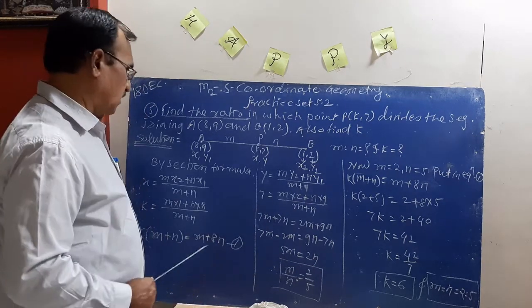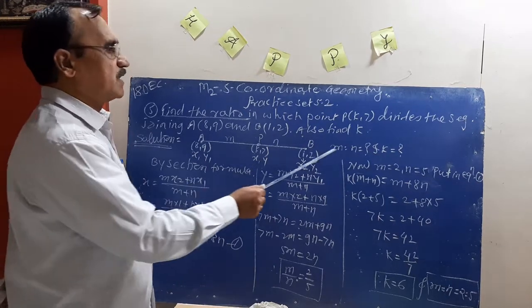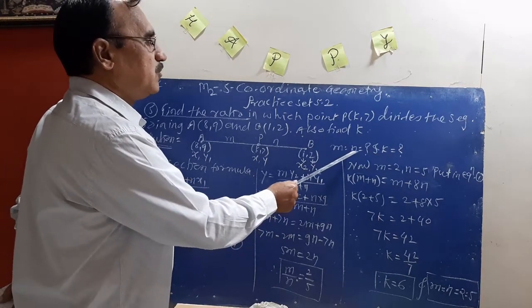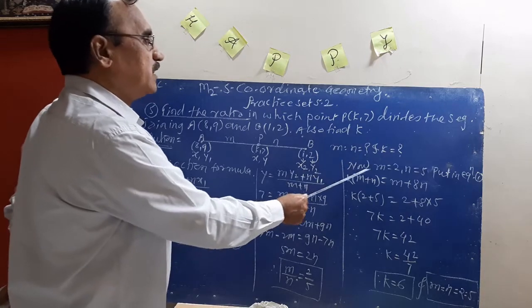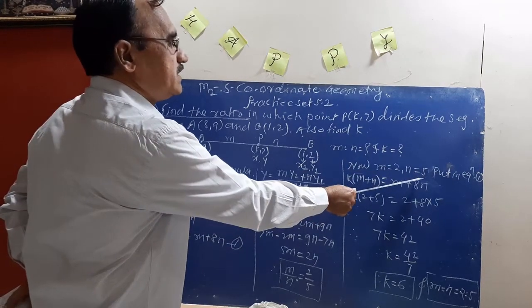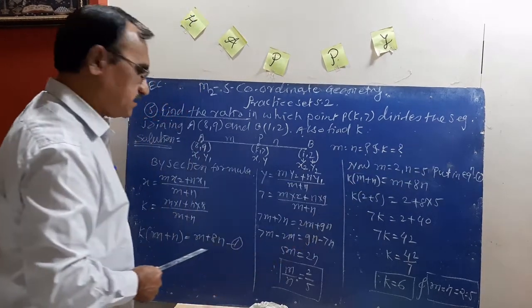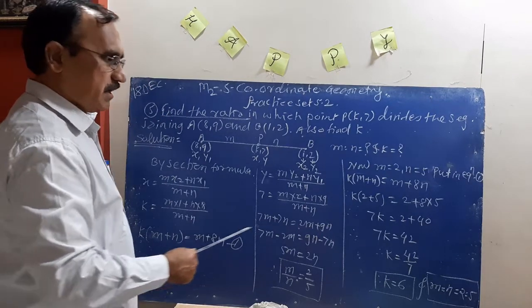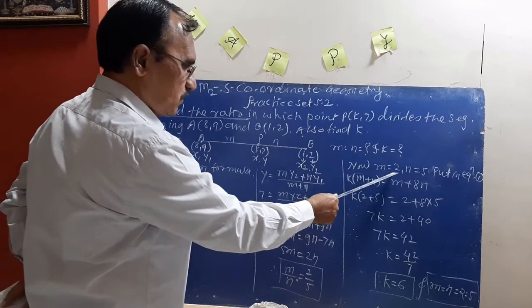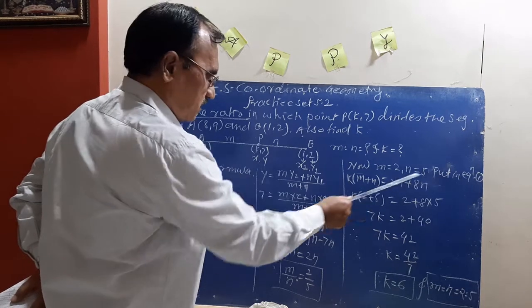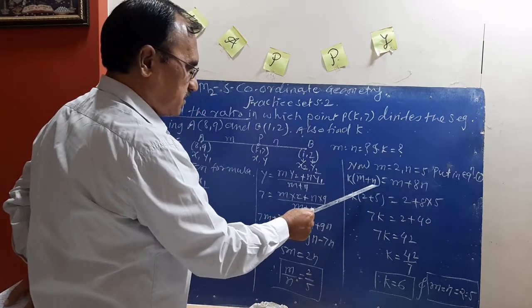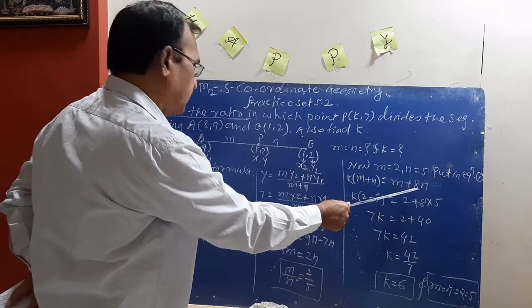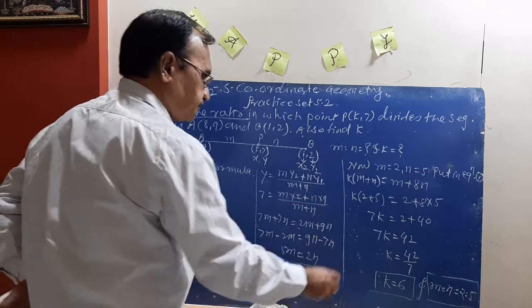Now we have to find the value of k. We have to find m to n and the value of k. Now m is equal to 2 and n is equal to 5. Put these in equation number 1: k(m plus n) is equal to m plus 8n.